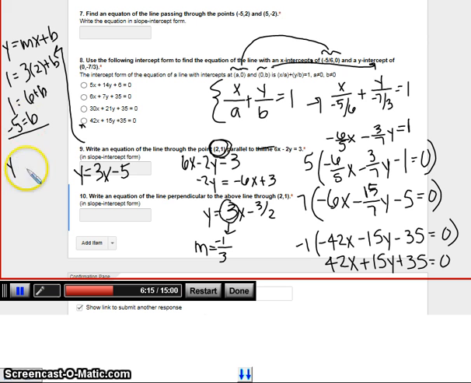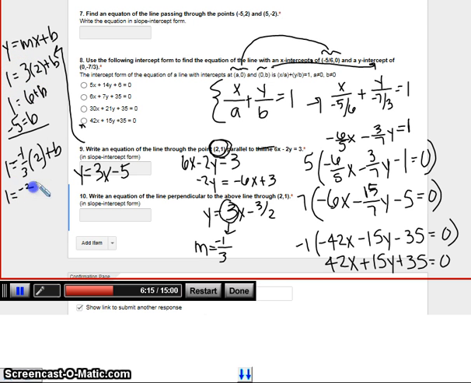So the y value is 1, the x value is 2. My slope is now negative 1/3. That's because it's a perpendicular line. I had to take this slope, flip it, and change the sign.